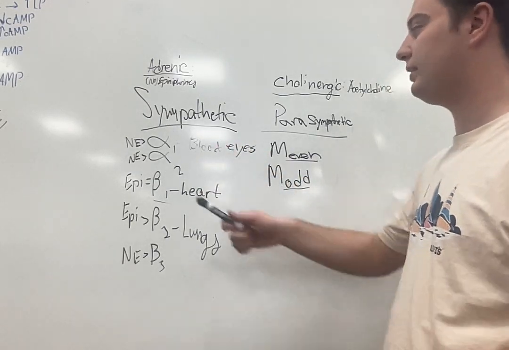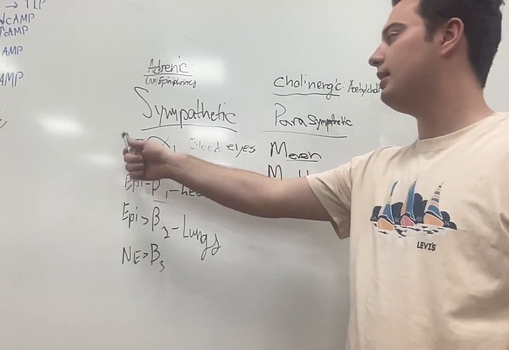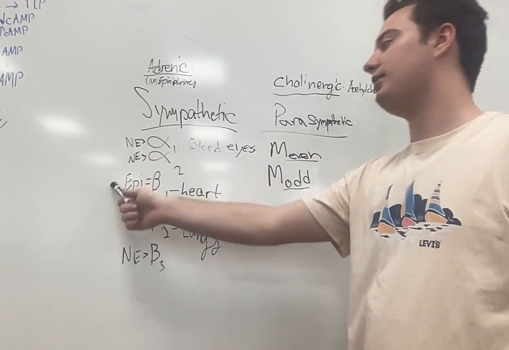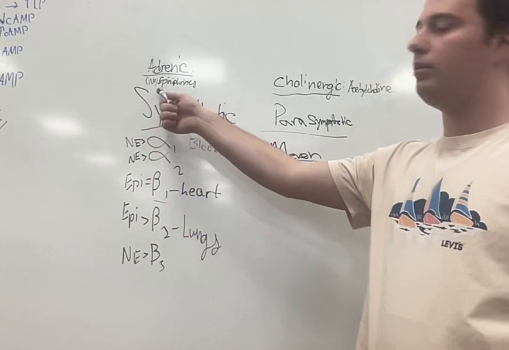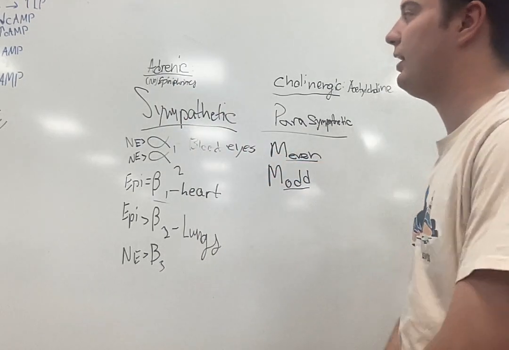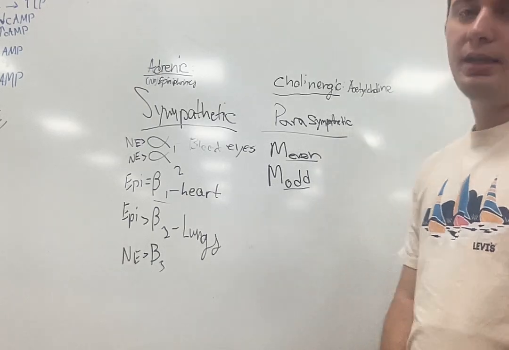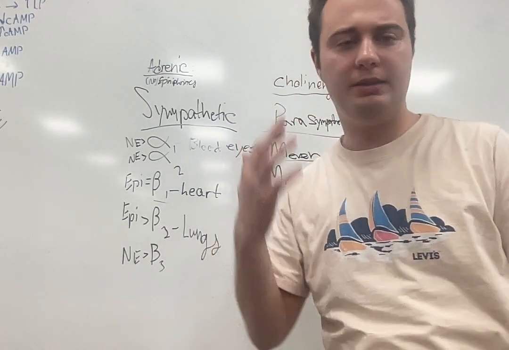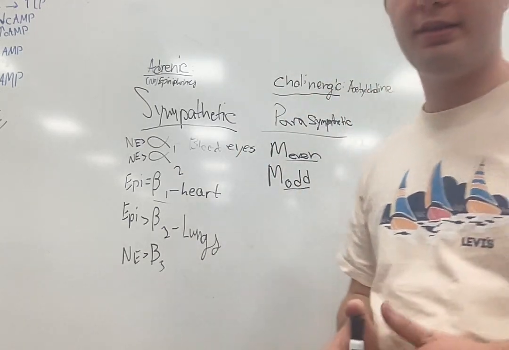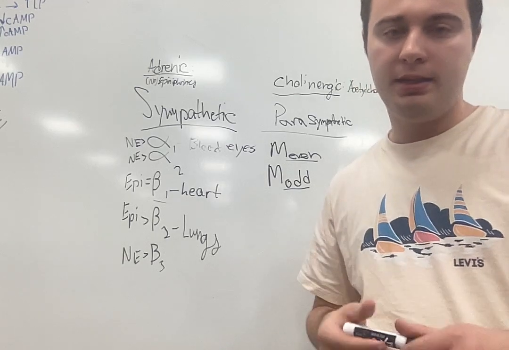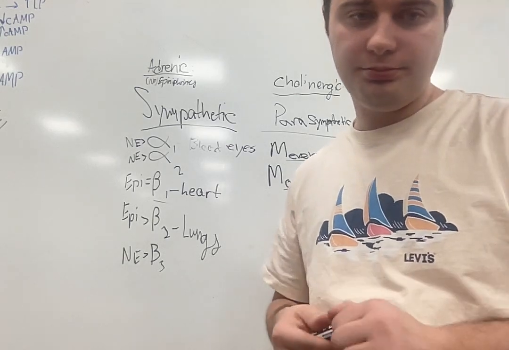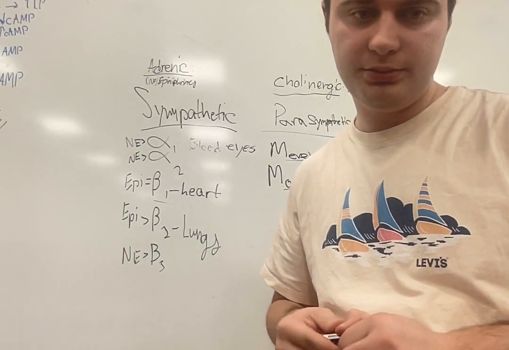This recognizes norepinephrine better, or norepinephrine, all this stuff. Those are just variations of adrenergic receptors. And so, pretty simple concept. That's just a little bit of memorization that'll have to happen.